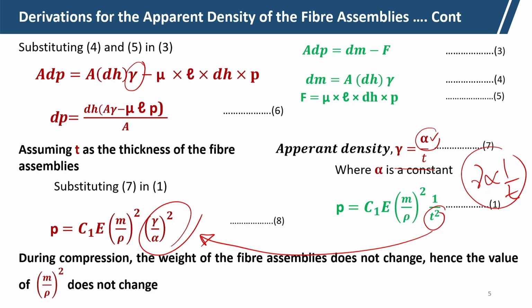During compression the weight of the fiber assembly does not change, hence the value of m by rho is always constant, because m is the weight of the fiber, which we are not changing, and rho is the fiber density, which is a constant. So m by rho we can consider as a constant.